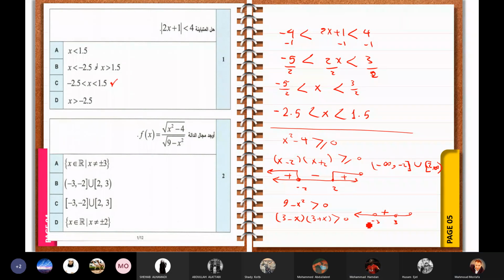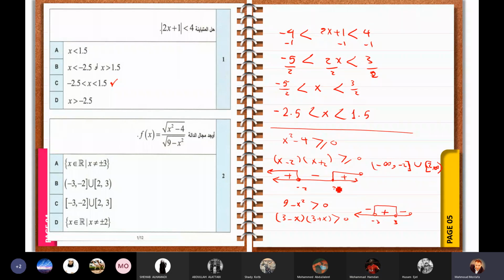Correct? Yes. Okay. If x less than negative 3, so it will be what? Negative. If greater than 3, it will be also negative. We need the positive one. Positive from where to where? From negative 3 to 3.